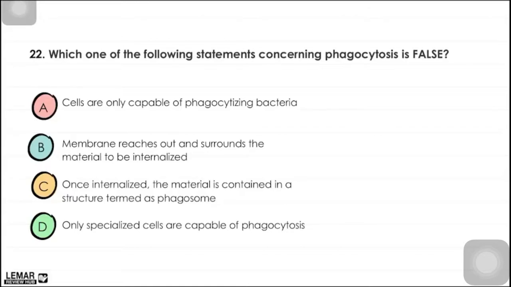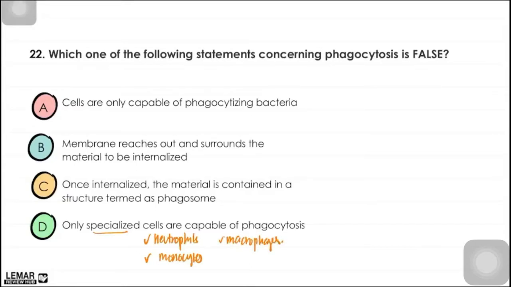Or letter D, only specialized cells are capable of phagocytosis. So, remember, phagocytosis is carried out by specialized cells of the innate defense system. Mainly, we have the neutrophils, monocytes, and macrophages.